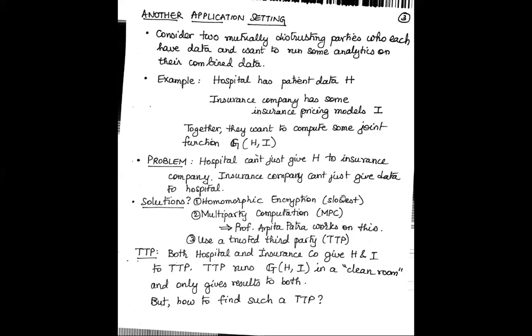The earliest problem in secure multi-party computation is called the millionaires problem. It's very similar to this. There are two millionaires, let's call them Alice and Bob. Each one has access to their net assets, and they want to calculate who is richer. The only problem is Alice does not want to tell Bob how much money she has, and Bob does not want to tell Alice how much money he has.